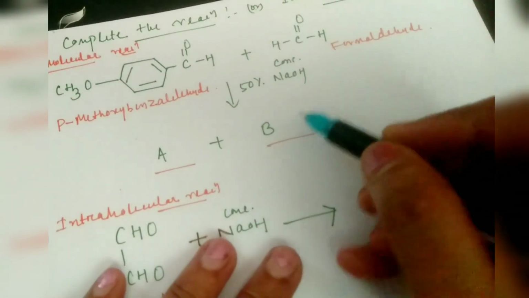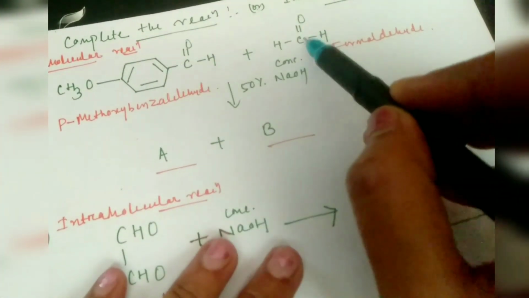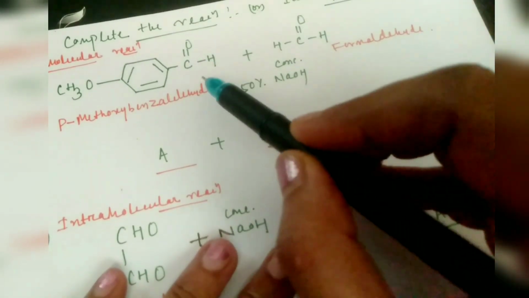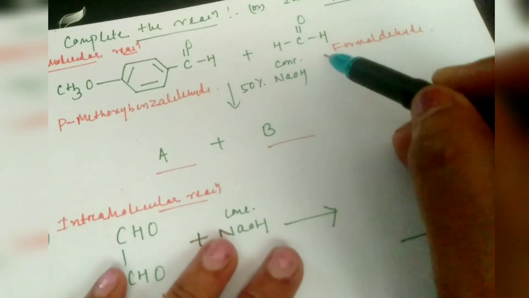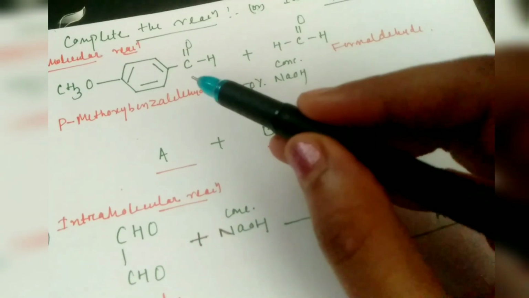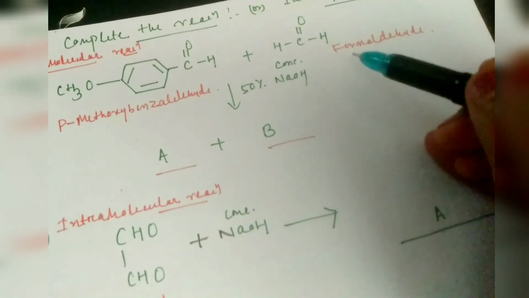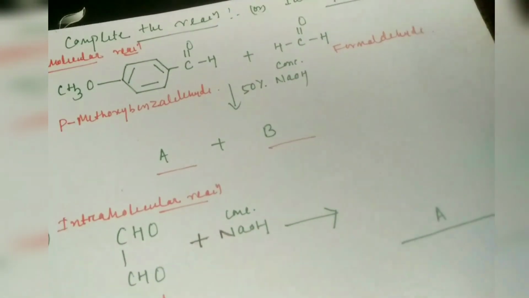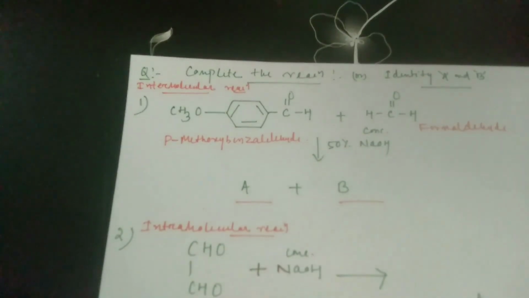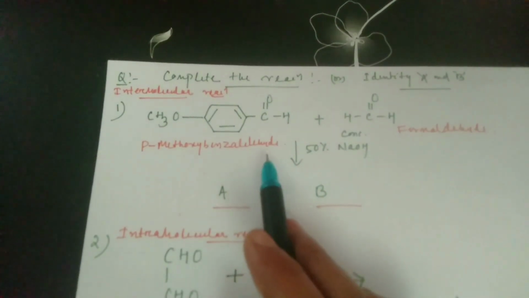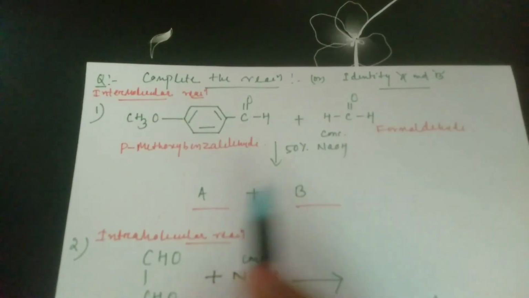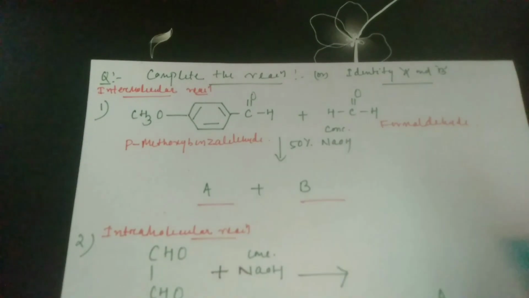The product is, we always know that when formaldehyde reacts with any other aldehyde, it always undergoes oxidation, and the other reactant undergoes reduction, because the formate ion, which is formed from formic acid, is more stable. Okay, when para-methoxybenzaldehyde reacts with formaldehyde, what will be the product?